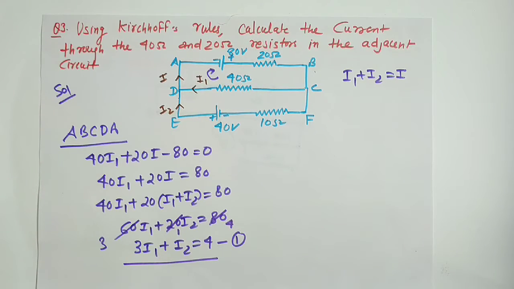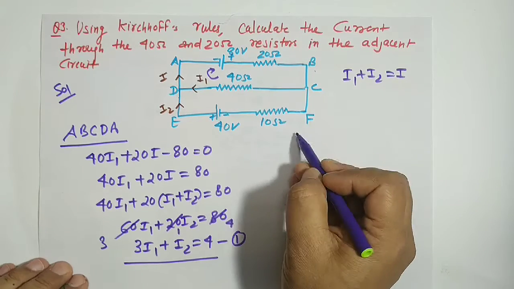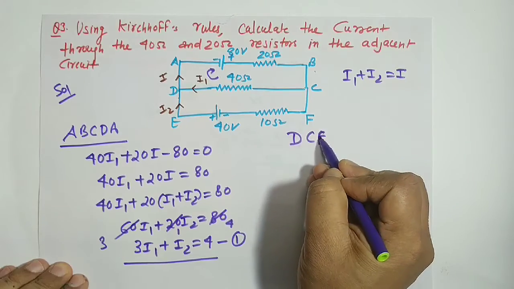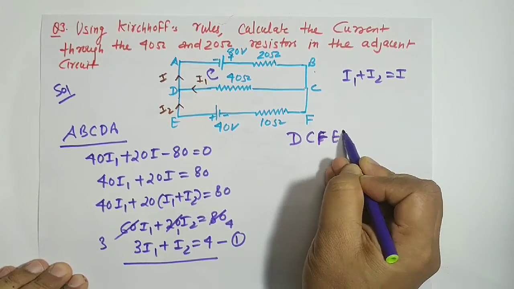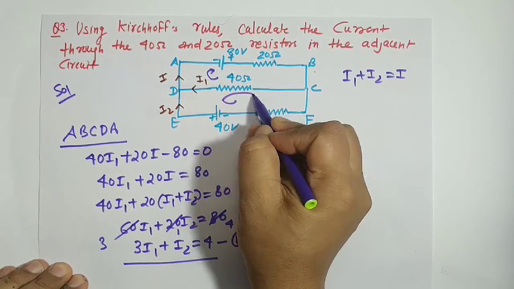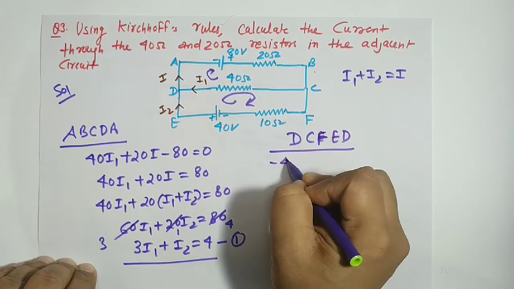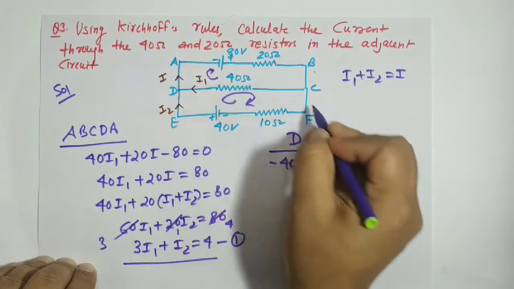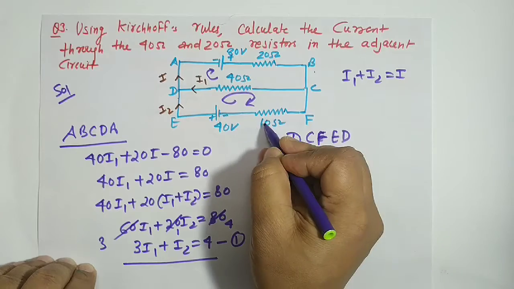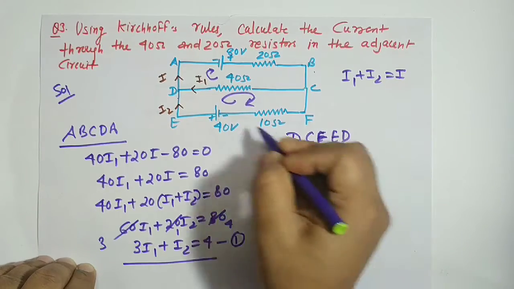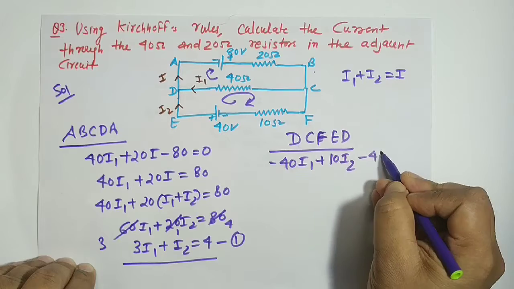Okay. And now you will take another path, say D, C, F, E, D. You are going in this way. So what will be the equation? This is now opposite. So minus 40 I1, and then plus, this is 10, so you write 10 I2, and you are giving minus 40 equal to 0.